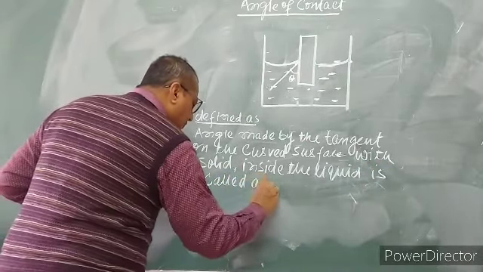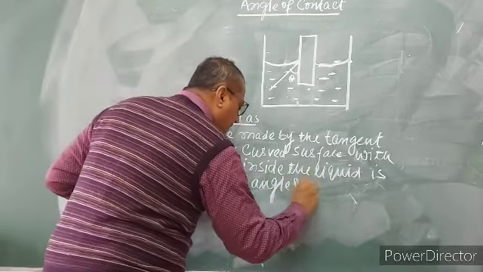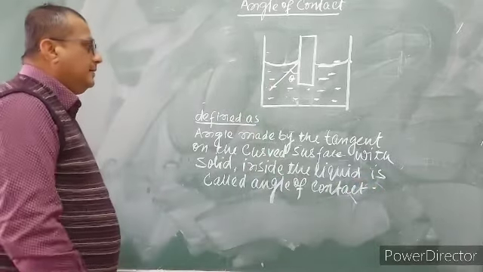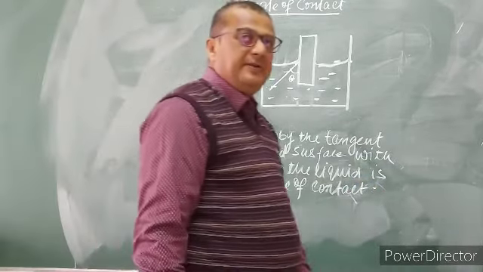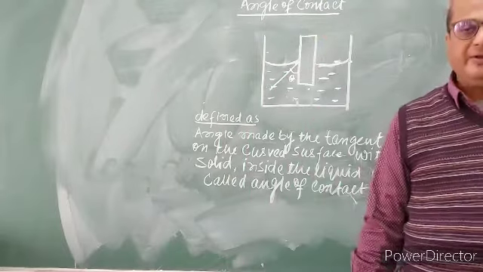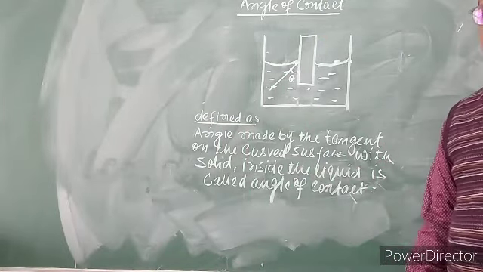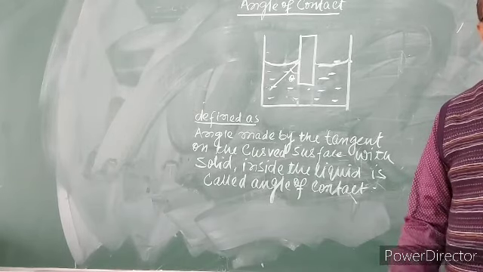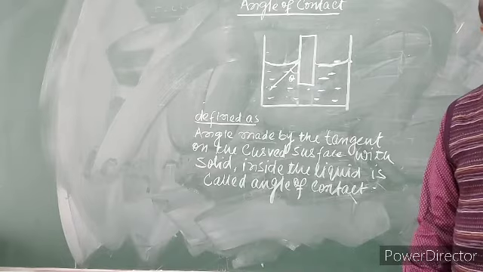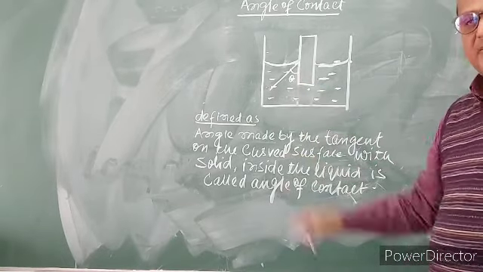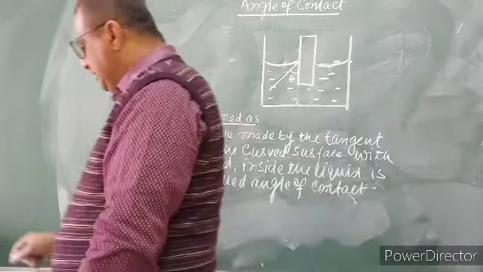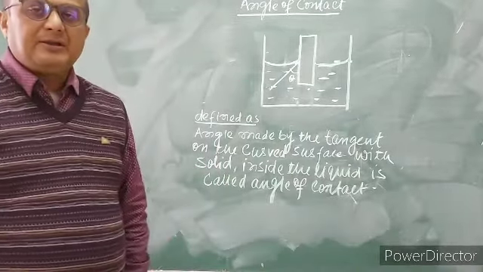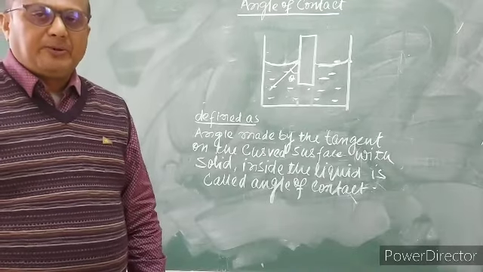This angle of contact will be different for different liquids, because the force of cohesion and force of adhesion for different liquid and solid will be different. For water it is less than 90 degrees, an acute angle, but for mercury it will be obtuse.